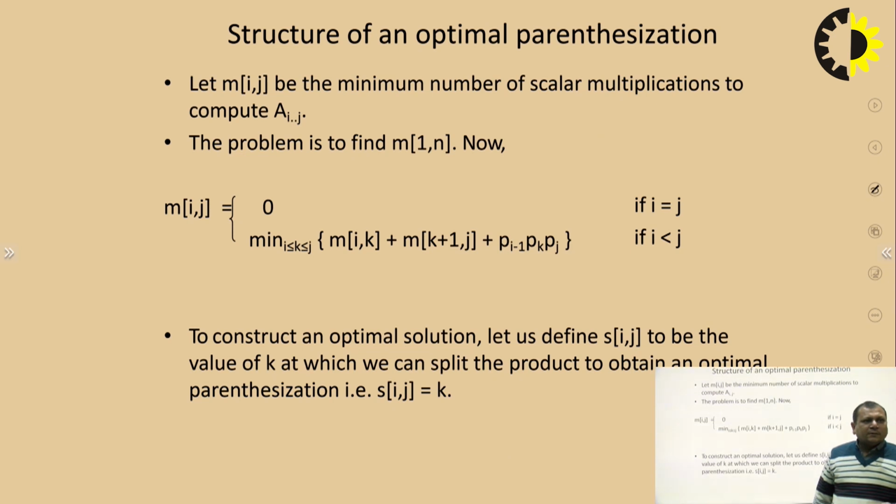Let Mij be the minimum number of scalar multiplications to compute Ai to j. The problem is to find M1 comma n. Now the value Mij will be equal to 0 if i equals j, and if i is less than j, the value will be Mik plus Mk plus 1j plus Pi minus 1 Pk Pj. So this is the formula which we will use to multiply the values.